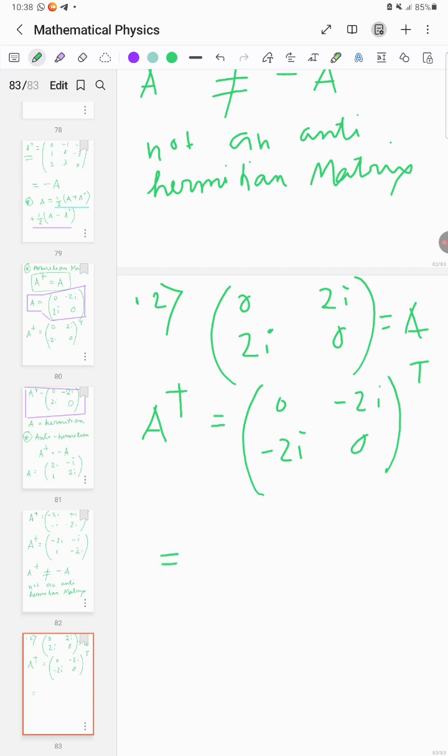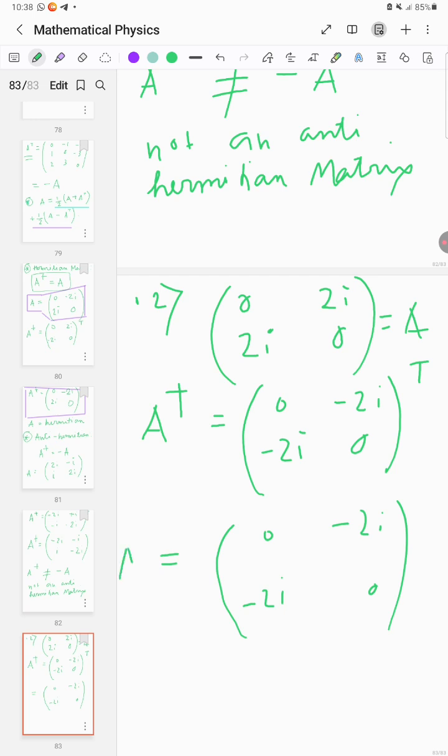We have found the complex conjugate and we need to do the transpose of the complex conjugate in order to find the dagger of A. So the complex conjugate is nothing but replacing every i with minus i. So the transpose of this will be [0, -2i; -2i, 0], right?